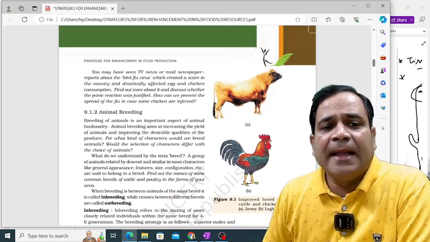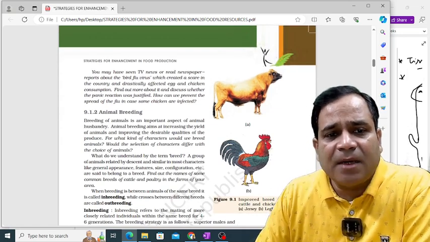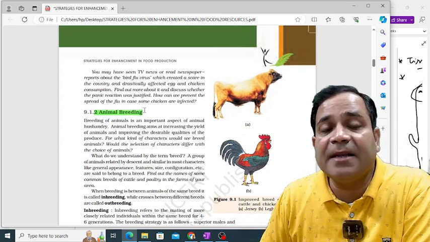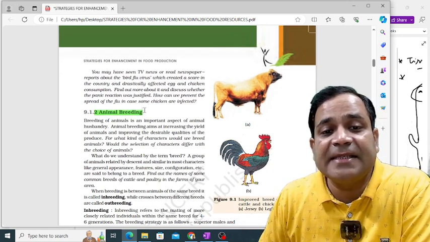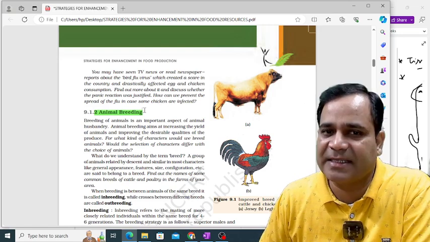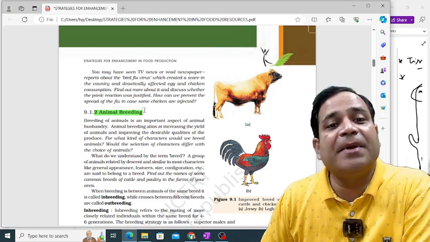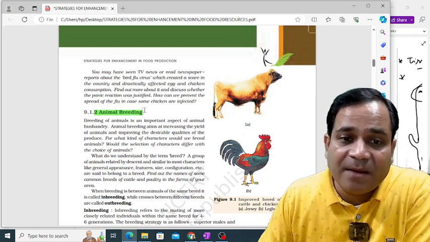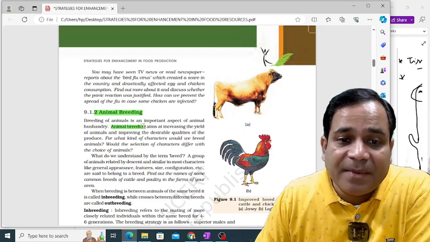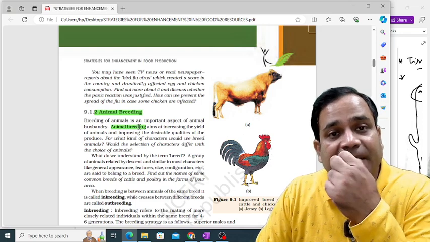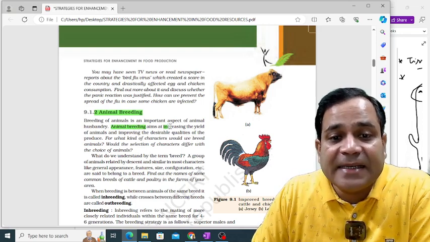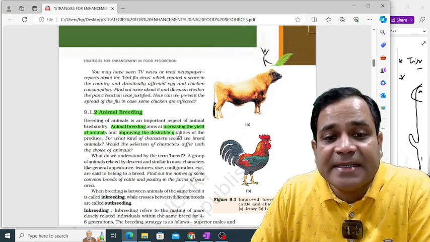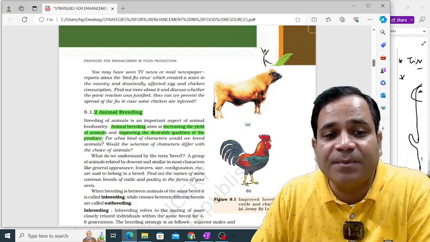Let's see here the term animal breeding. It means that breeding of animals is an important aspect of animal husbandry. I'm repeating: breeding of animals is an important aspect of animal husbandry. So if anybody asks what the aim of animal breeding is, you say: increasing the yield of animals and improving the desirable qualities of the produce, my dear.